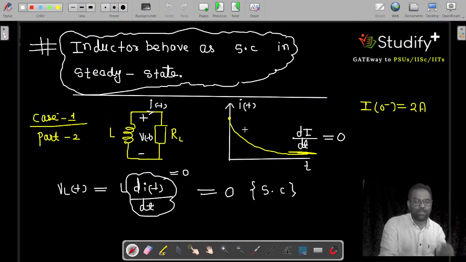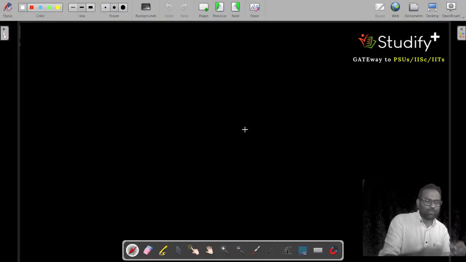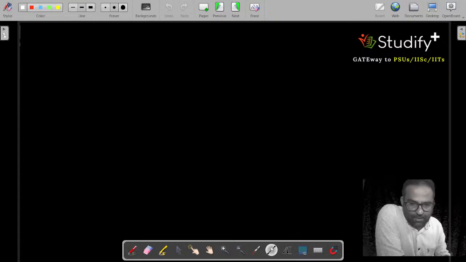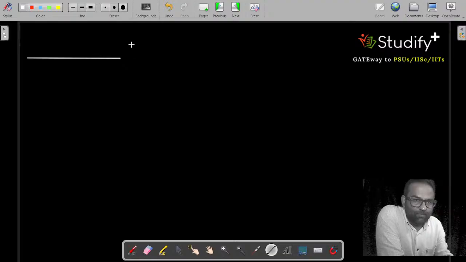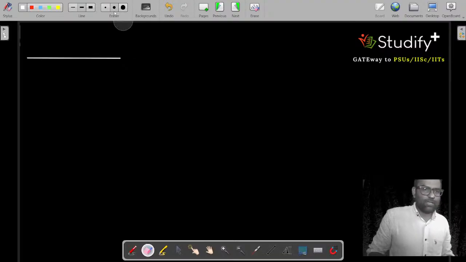Okay. So let's go to the next points. We have talked about inductor. Our next component is a very important component, that is known as capacitor. So let's talk about capacitor now. What is our next component?